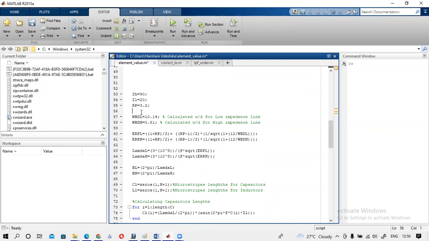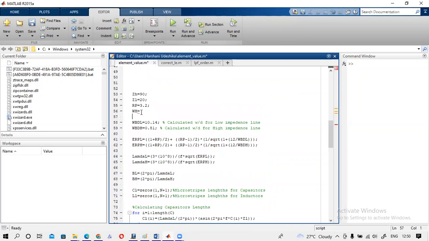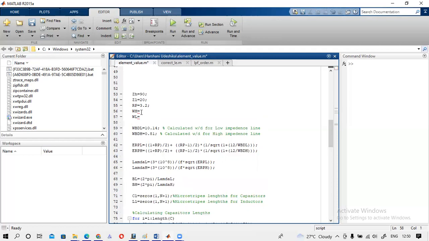But here you can enter them. One is WH, another is WL. We have calculated these things, and we can also enter the D value.